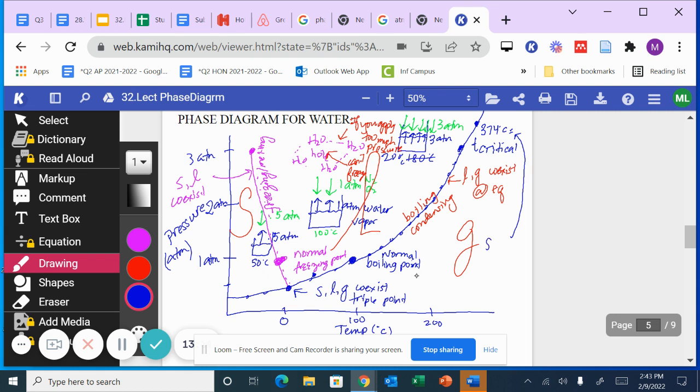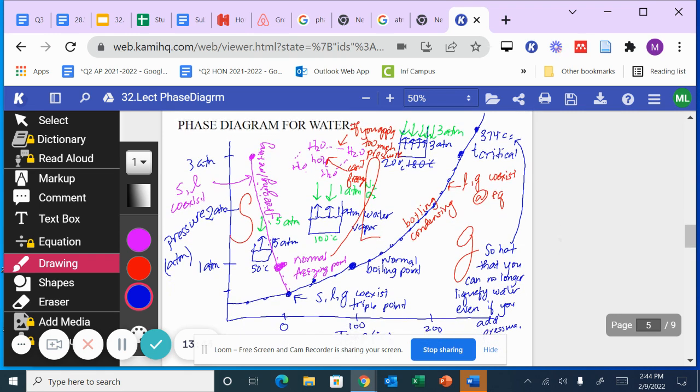It's so hot that you can no longer liquefy water even if you add pressure. Okay, so this is the phase diagram for water.